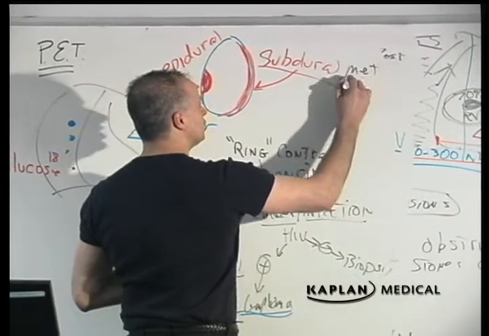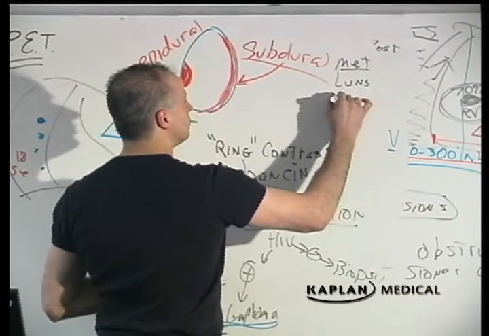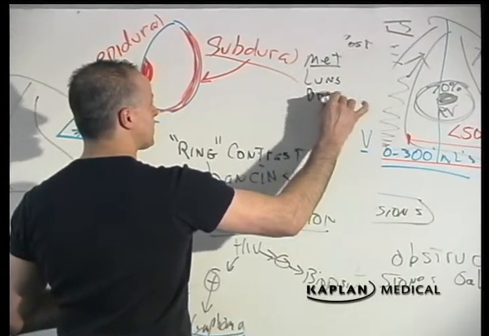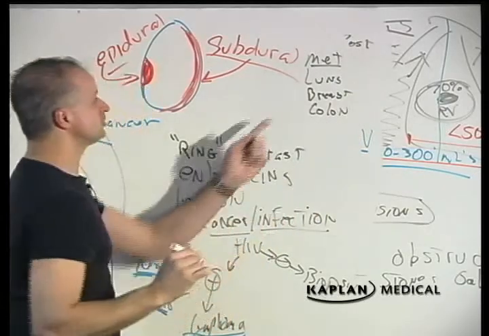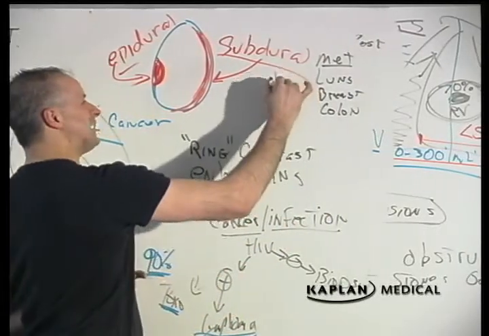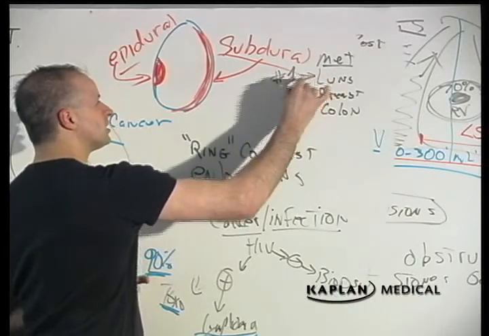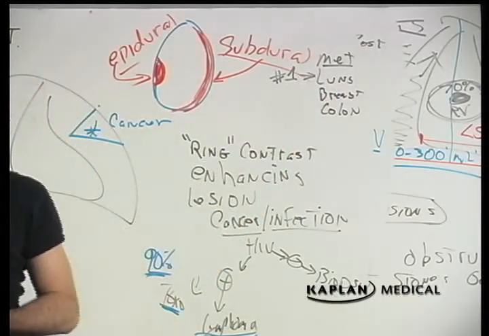Now, the lesions that are metastatic to the brain: lung, breast, colon. This is understandable because lung cancer is the number one cause of cancer death in the United States.